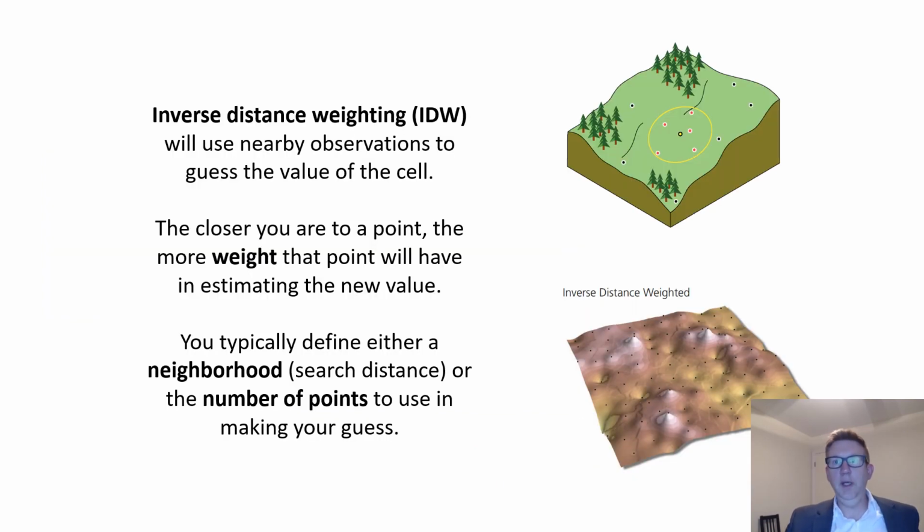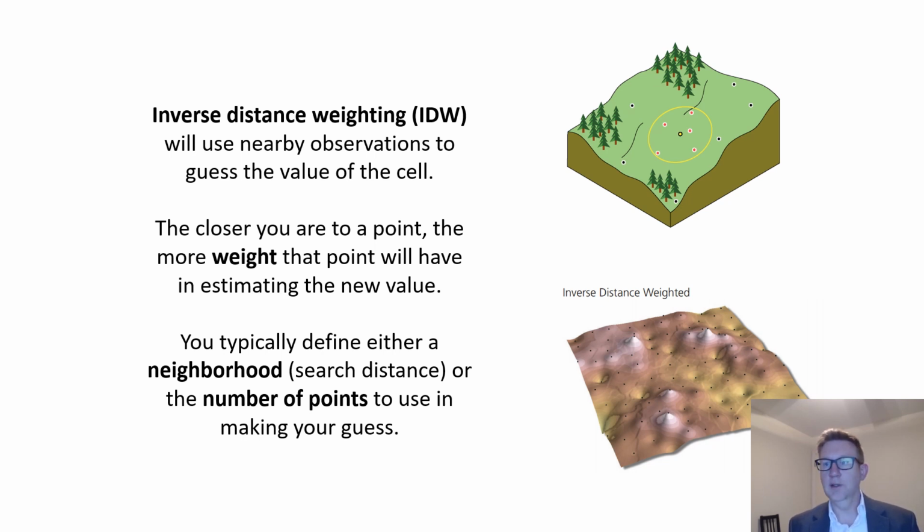So inverse distance weighting, or IDW, is the process by which, again, we're trying to guess the value of a point based on nearby observations. If nearest neighbor makes my guess according to what the nearest observation is, IDW takes into account all of the neighbors within a certain distance, or all of the k neighbors where k is specified by the user.